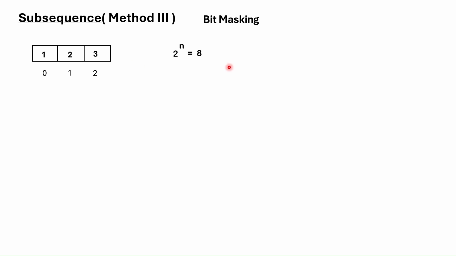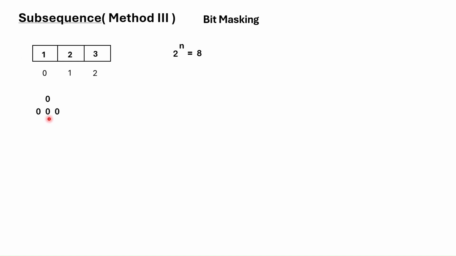So let us now observe. Let's write the numbers from 0 to 8 and observe their bits. Firstly 0. 0 in binary can be written as 000. We are taking only 3 bits because we have only 3 elements, that is n is equal to 3.